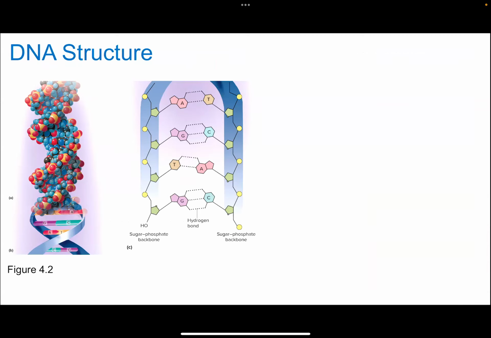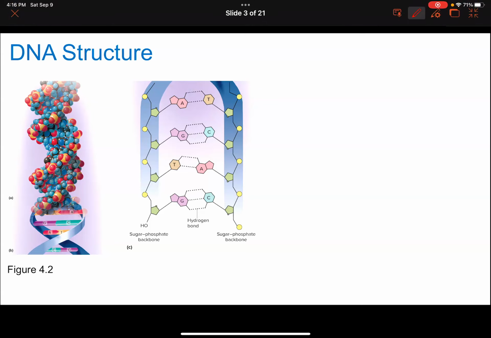The DNA structure, again, is a double helix, like we see here on the left. And that double helix is actually a twisted pair of single-stranded nucleotides. And so it ropes around like a 3-dimensional shape.